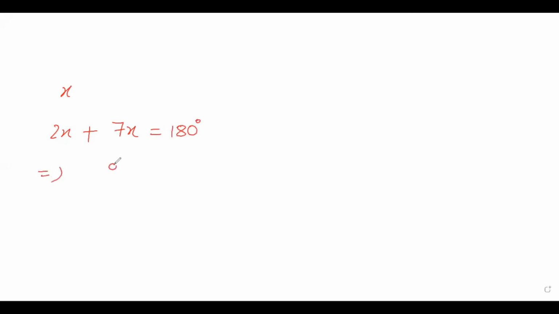So when you add them, you will get 9x is equal to 180 degree, or x is equal to 180 degree by 9, that is 20 degree. So what are the angles?